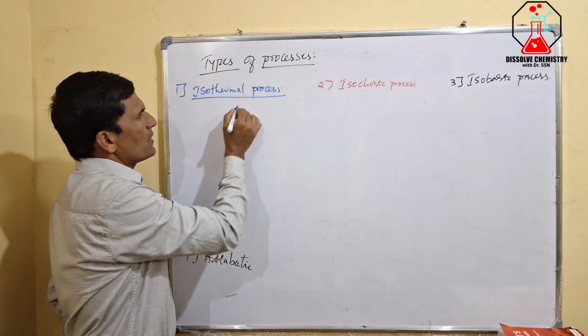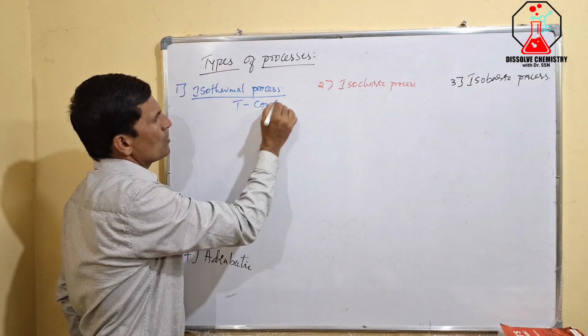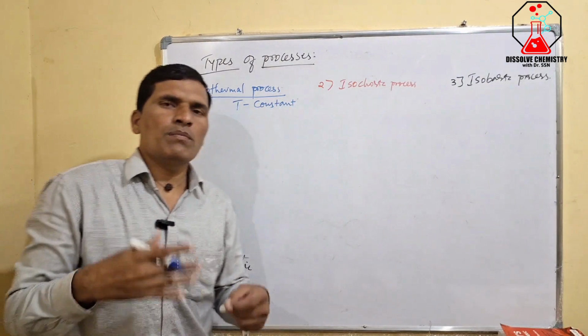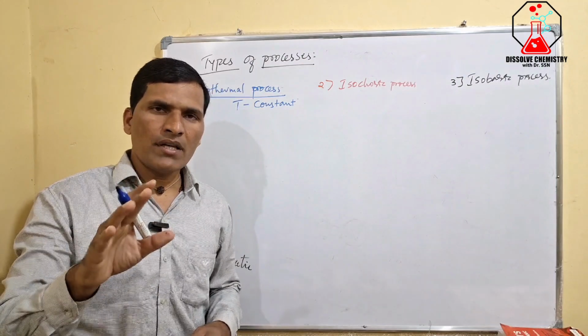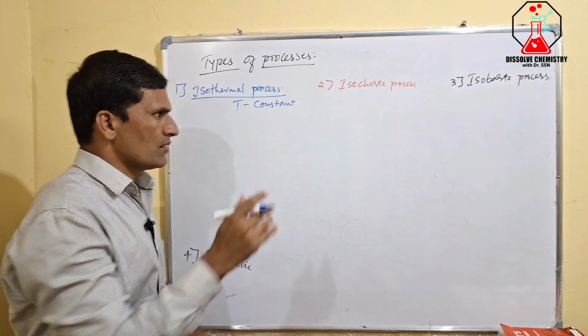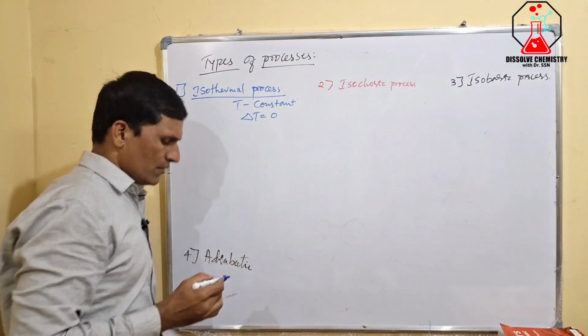Here the temperature of the system remains constant throughout the process. It means when you do the process, the temperature of the system should not change. So therefore, delta T is equal to 0.